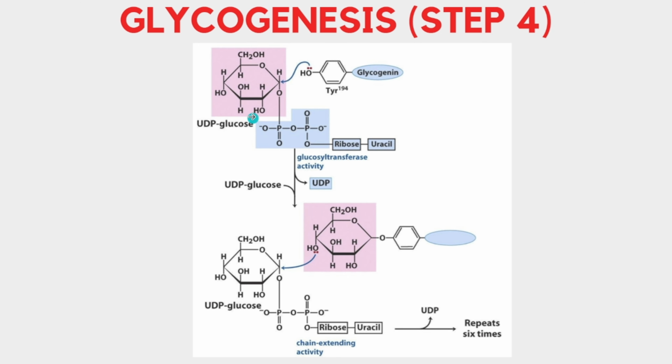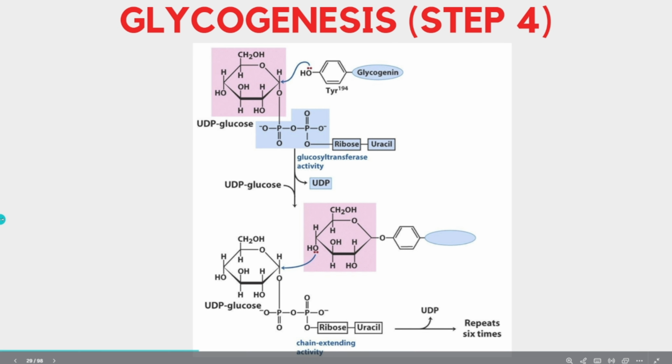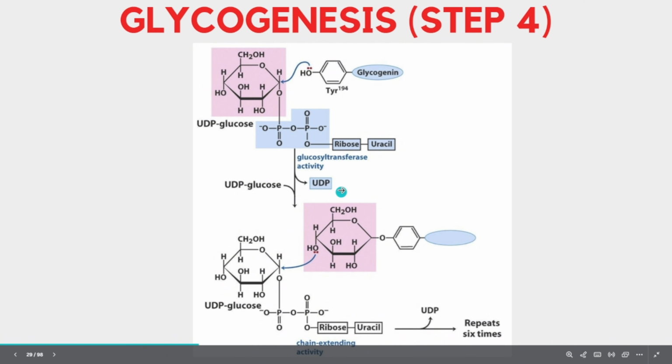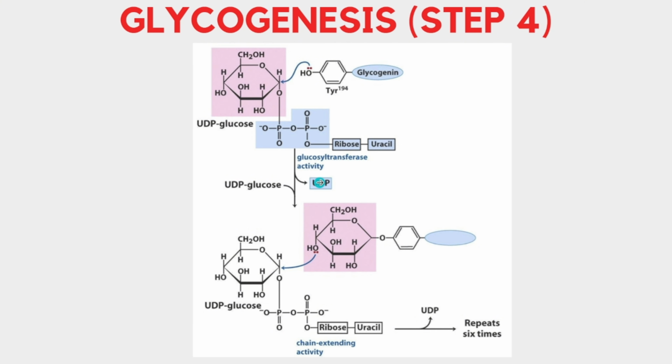Understand? Your UDP glucose here, all of this, we add to the glycogenin. More specifically, the hydroxyl group of tyrosine in glycogenin. We add with that. What is the final product? The final product will release the UDP.